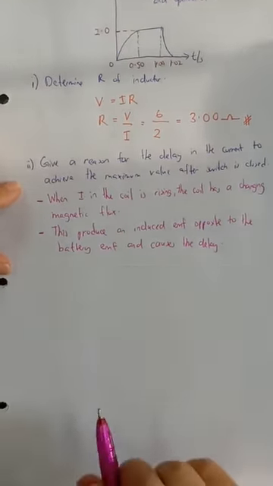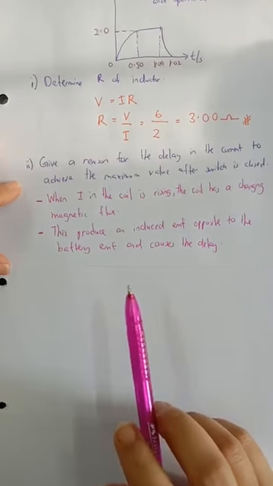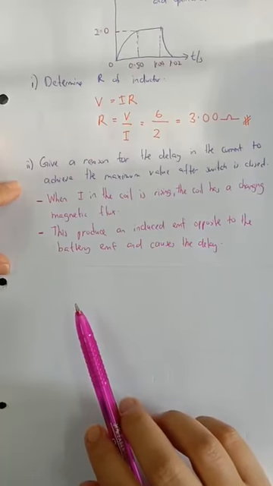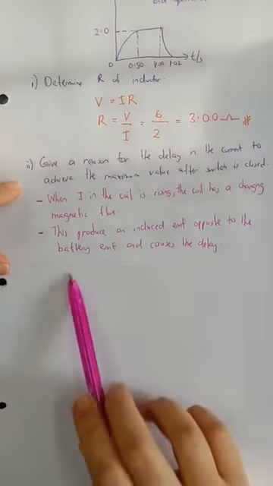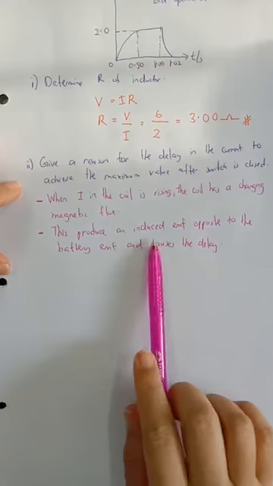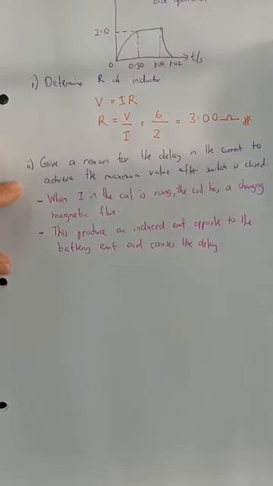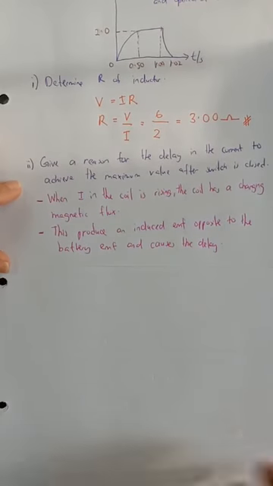So the reason for the delay in the current to achieve maximum value after the switch is closed is that when current in the coil is rising, the coil has a changing magnetic flux. This produces an induced EMF opposite to the battery EMF and causes the delay.